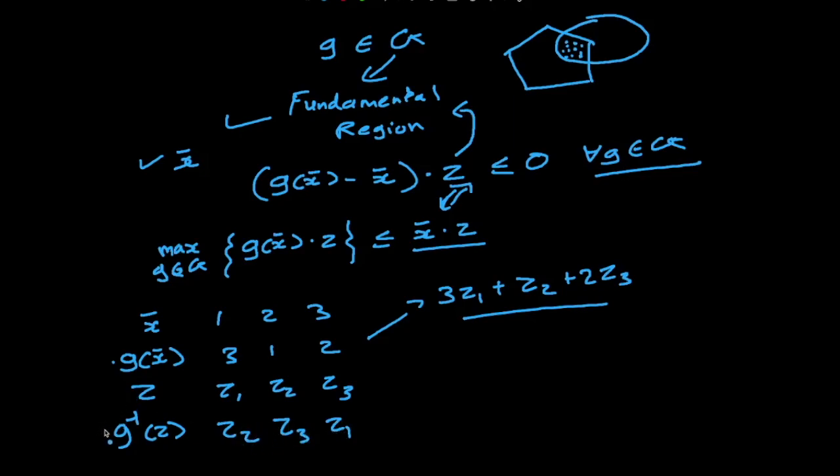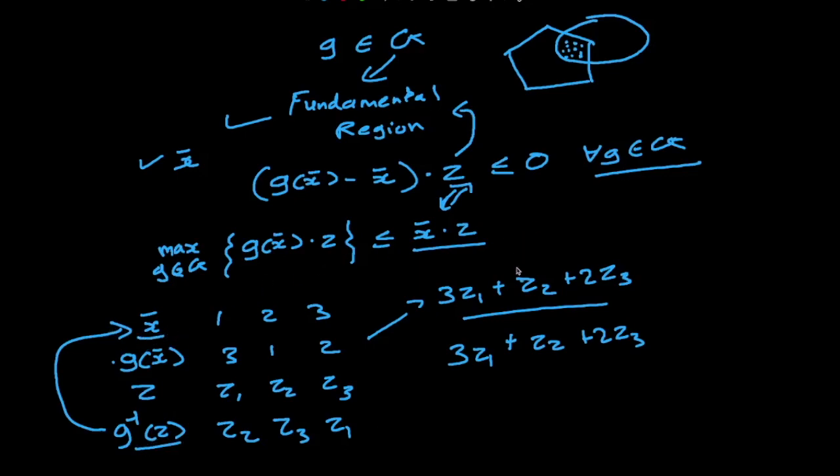If I multiply g inverse of z with x bar, I get the same thing. This is z2 times 1, z3 times 2, so 2 times z3, and z1 times 3, so 3 times z1. It's the same expression that I get if I apply g inverse to z and multiply it with x bar.